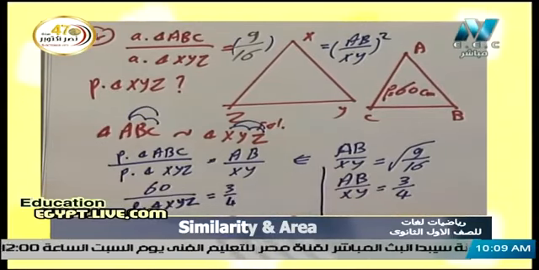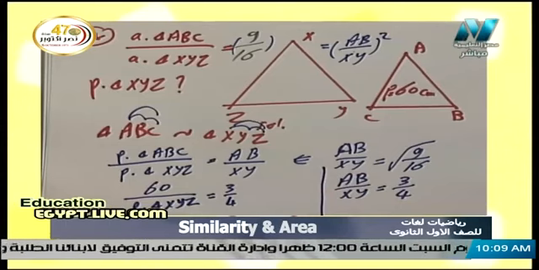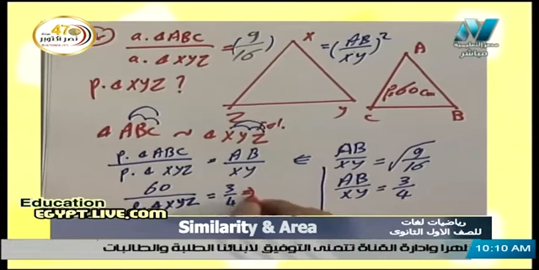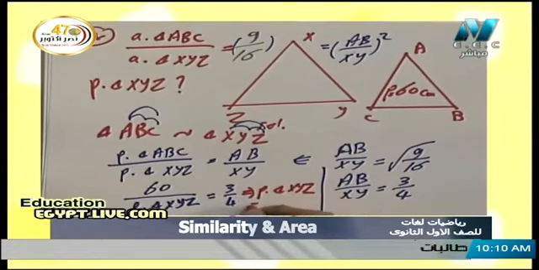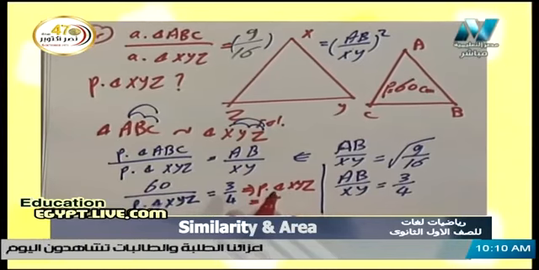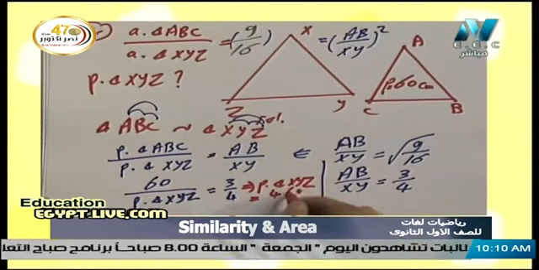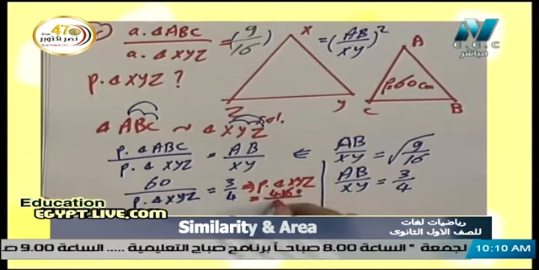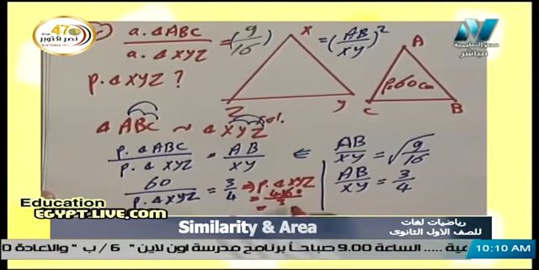So to get the perimeter of triangle XYZ, the perimeter of triangle XYZ will equal 4 multiplied by 60 over 3, and the final answer will be 80 centimeters.